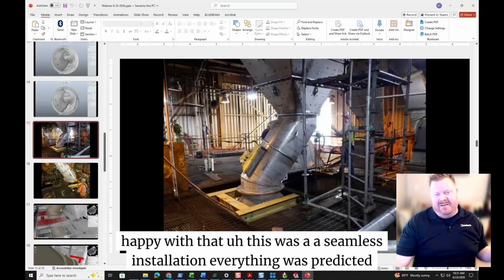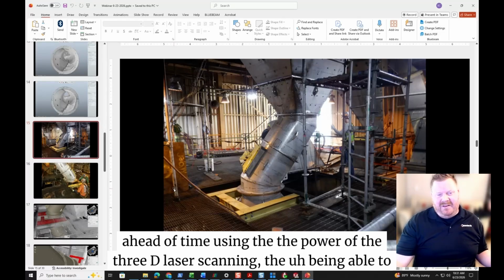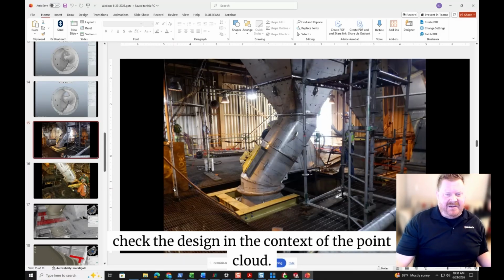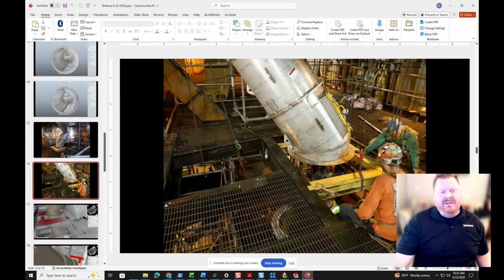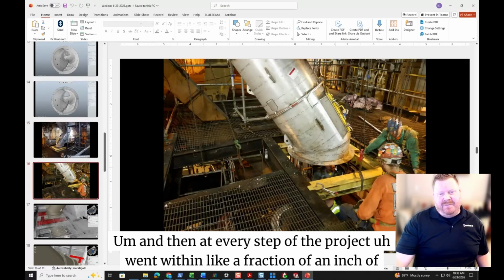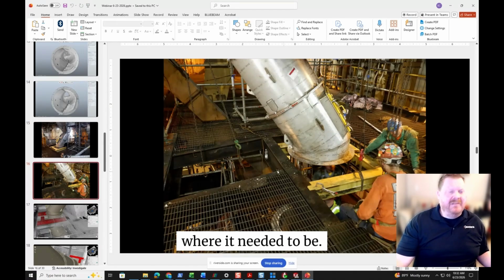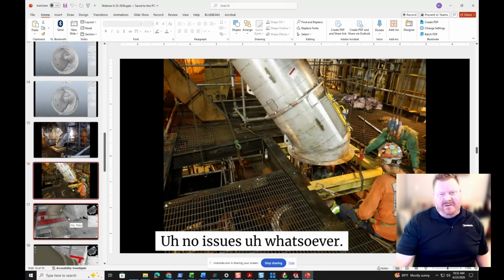Everything was predicted ahead of time using the power of the 3D laser scanning, being able to check the design in the context of the point cloud. And then at every step of the project, it went within like a fraction of an inch of where it needed to be. No issues whatsoever.